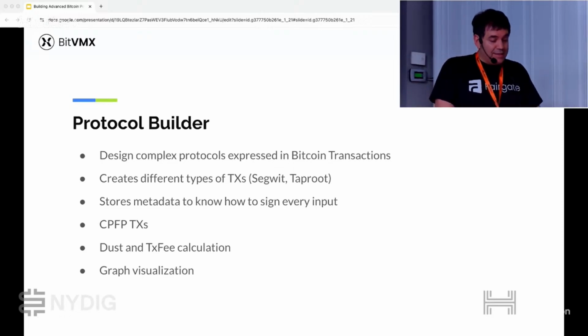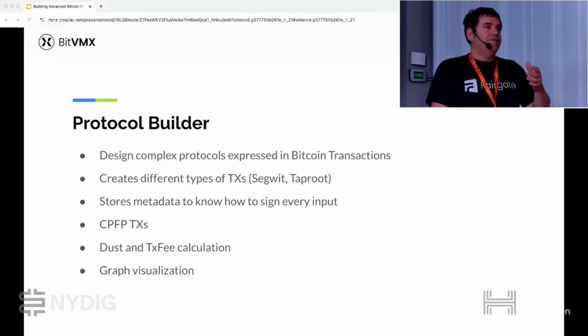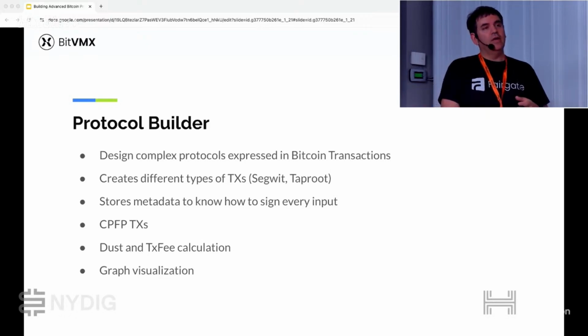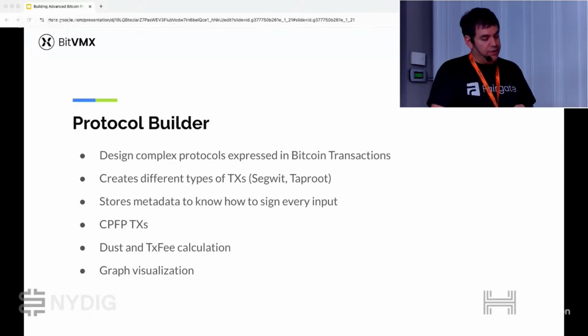It also helps with dust and transaction fee calculation. As I mentioned, this is our big graph, and it may have different branches, so it becomes very difficult to compute by hand how much dust and transaction fee you need. It also has some interesting debugging capabilities to show and visualize the graph produced by the protocol builder.